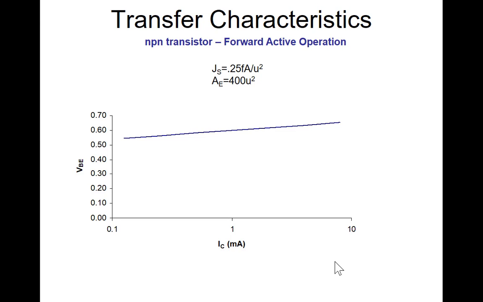That doesn't look exponential. Why? On my scale, I just zoomed into a small region. The relationship really is exponential, but I'm just looking at a small segment of it.